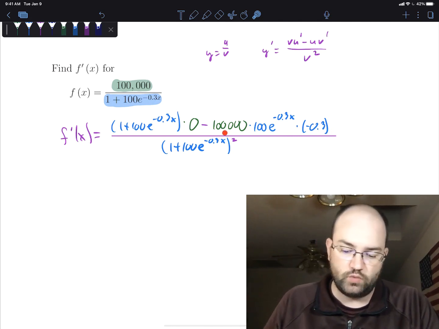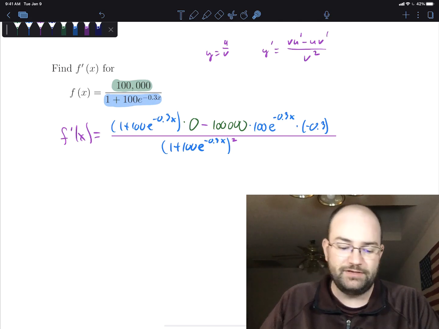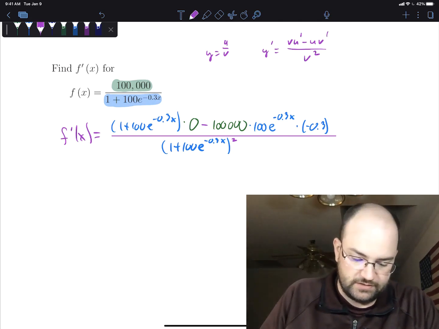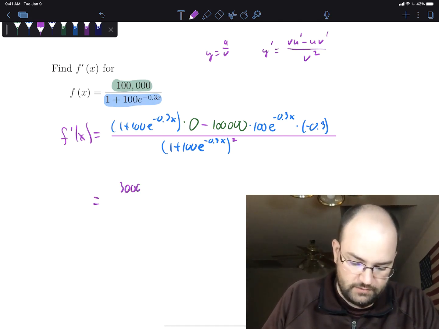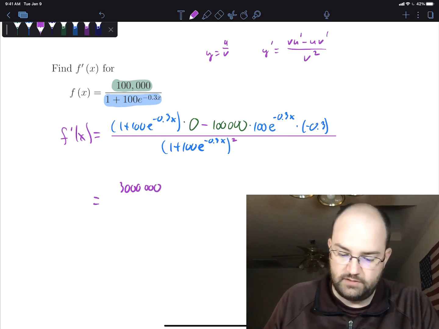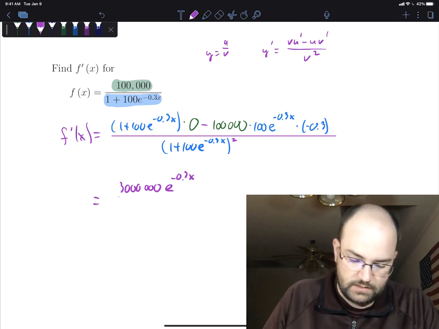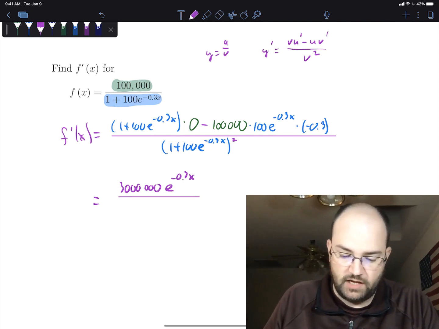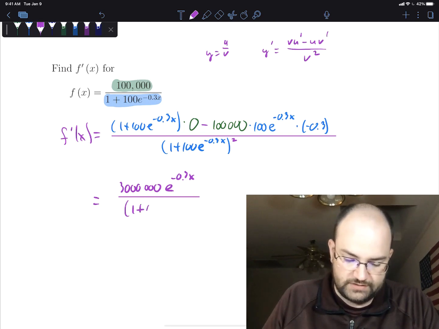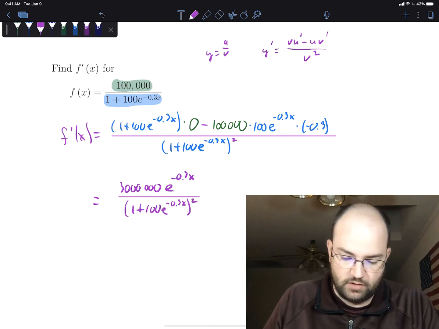So 30 times 100,000 makes that 3 million. So this is going to give me 3 million times e to the negative 0.3x, all over the denominator of 1 plus 100 e to the negative 0.3x, and then all squared.